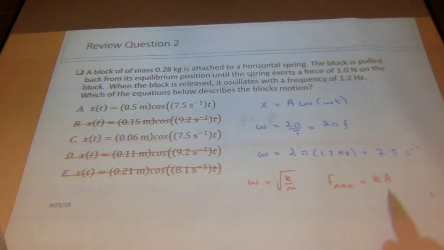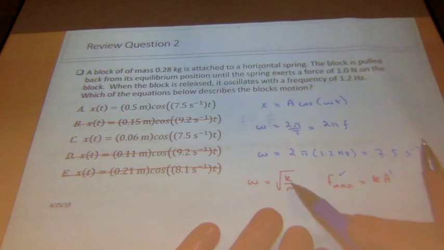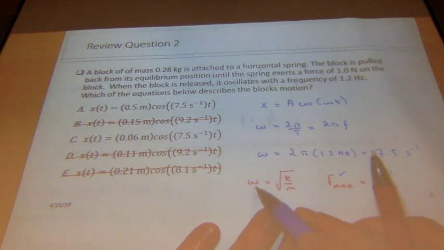So I've got an equation for A. The way I'm processing the cognitive challenge here is going through these variables. This is the quantity I'm looking for. K is my unknown, but I can describe k in terms of omega and m.